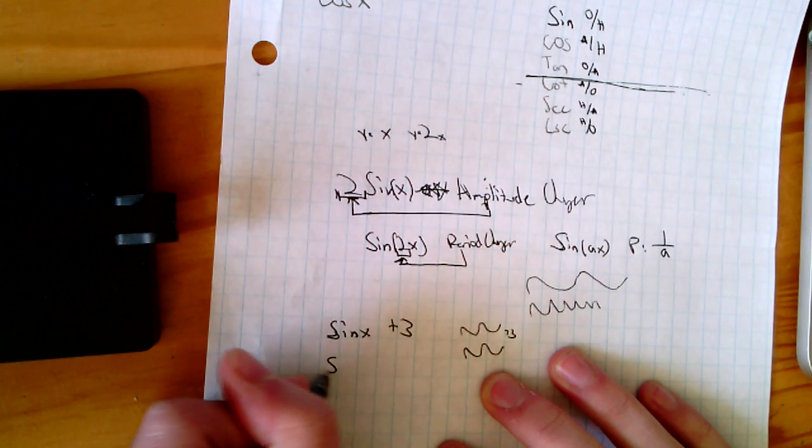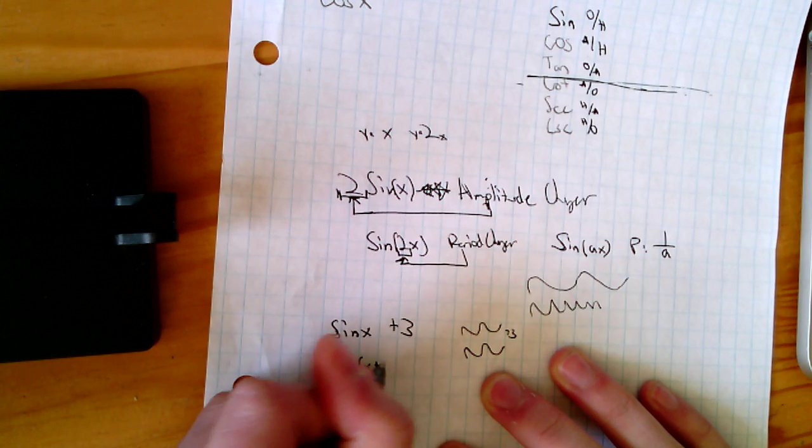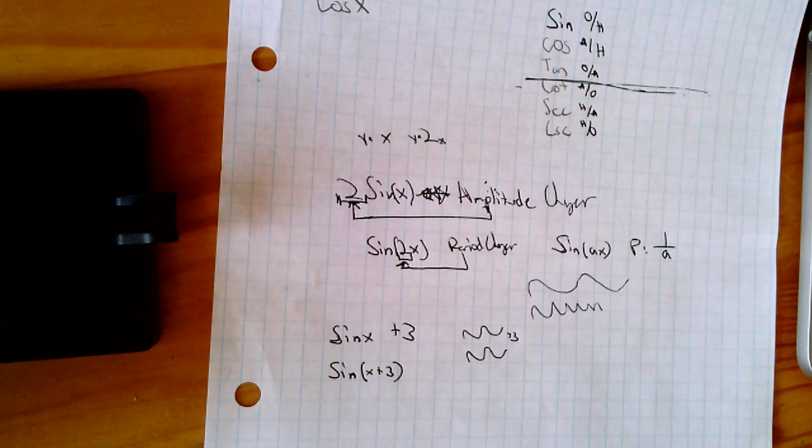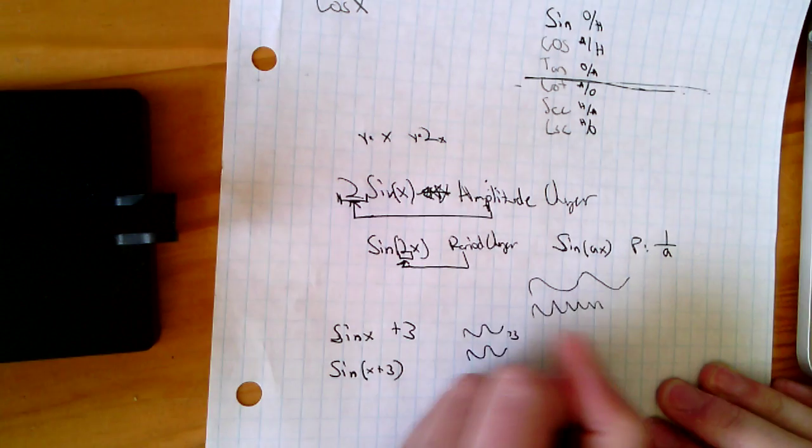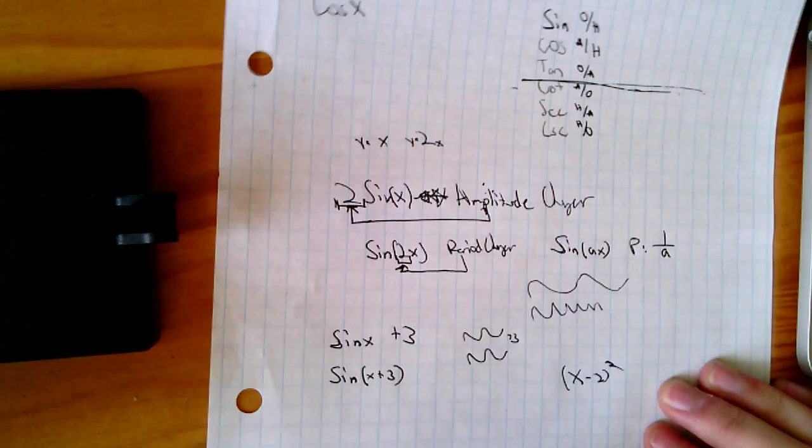But if it's sine of x plus 3 inside the parentheses, it's like doing it for a quadratic function, like x minus 2 squared.